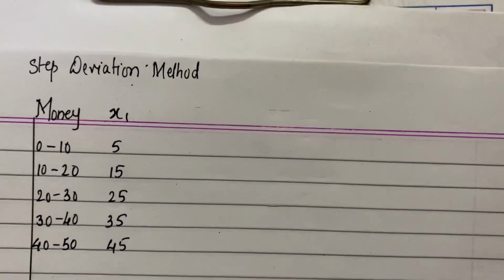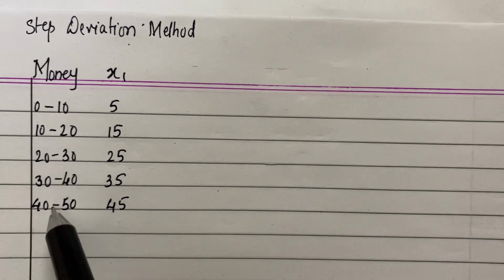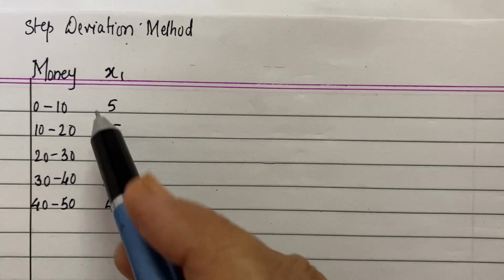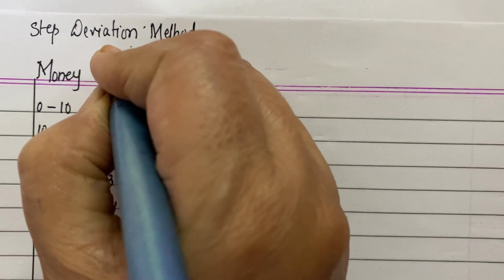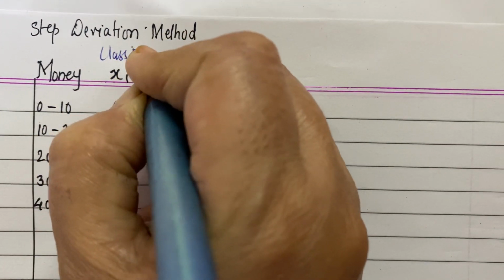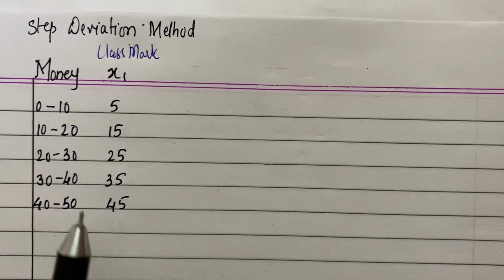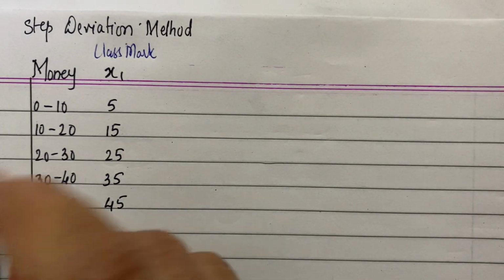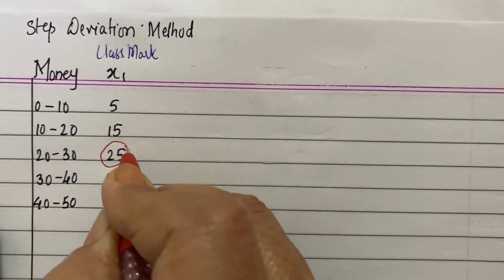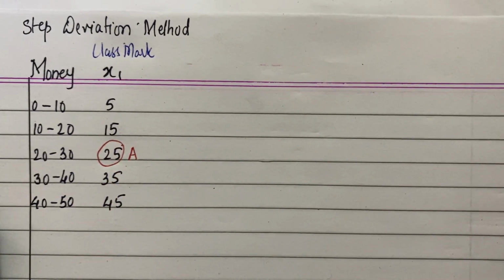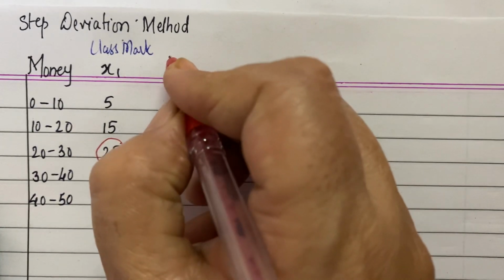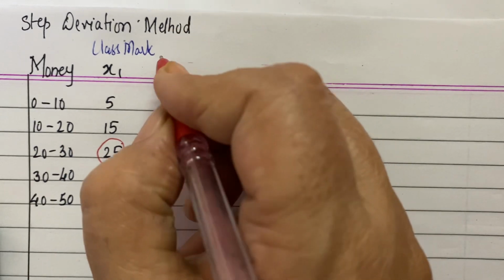First of all, the classes denoting the money, the class mark, this is your class mark. We are going to assume a mean over here. That assumed mean is denoted by A. We are going to find out the deviation, that is di.